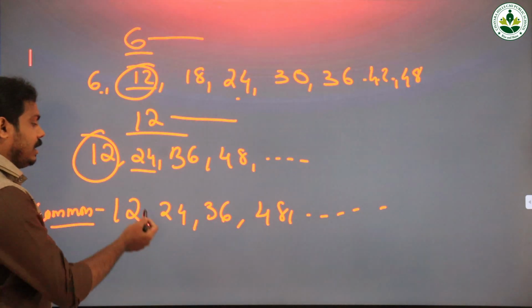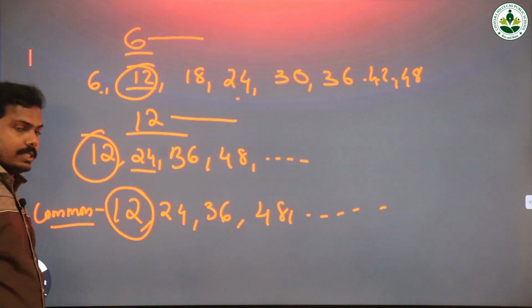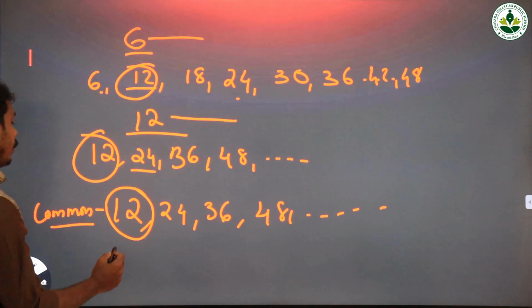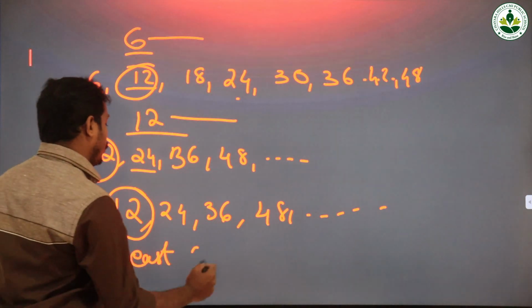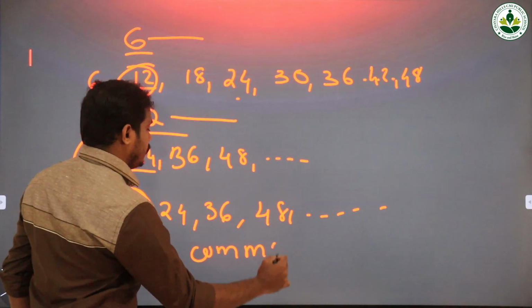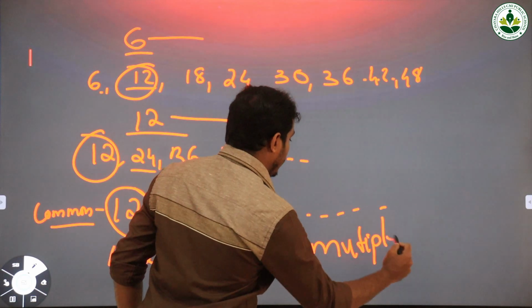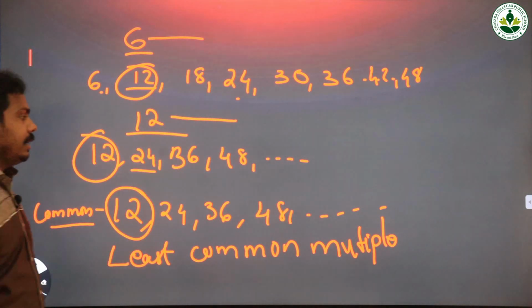So which is the least common multiple of 6 and 12? 12 is the least common multiple. So we got a new name: least or lowest common multiple. Here the least common multiple of 12 and 6 is 12.